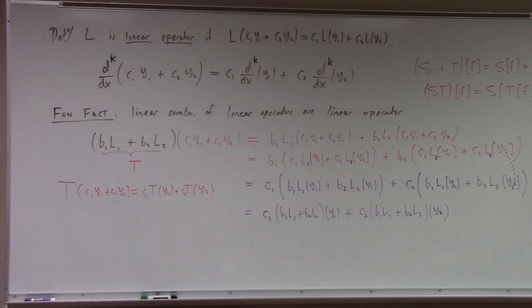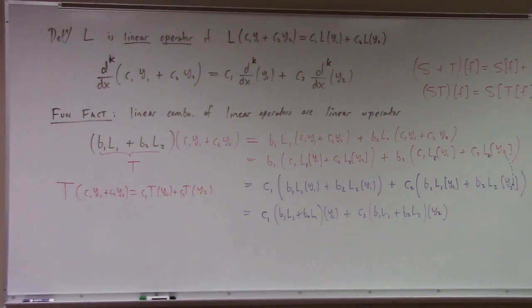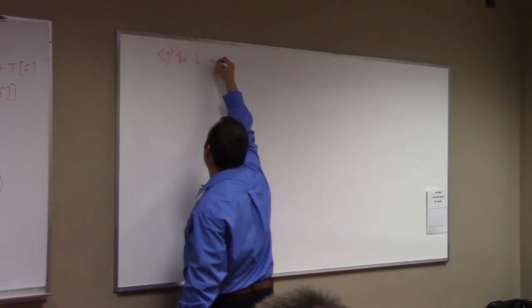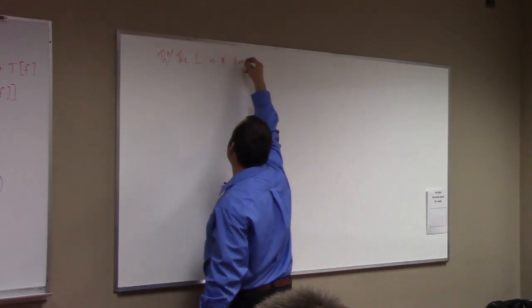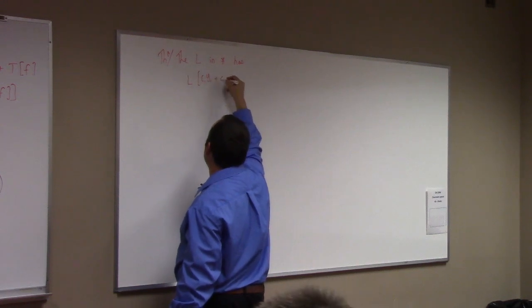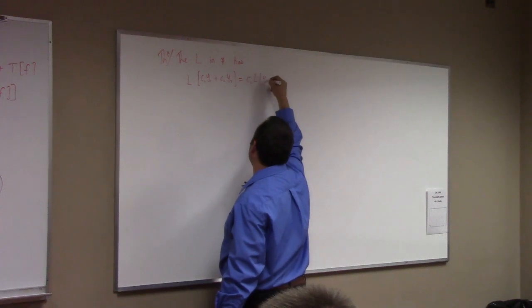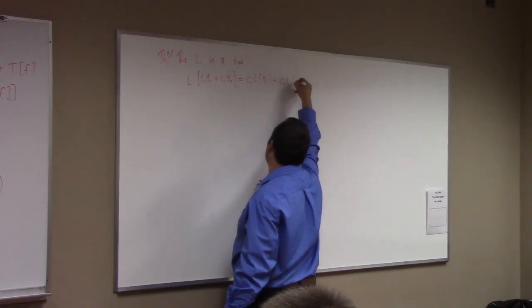So that's the takeaway from this. Here's the theorem, and I'll write it this way: the L in star has L of C1Y1 plus C2Y2 equal to C1 L of Y1 plus C2 L of Y2.